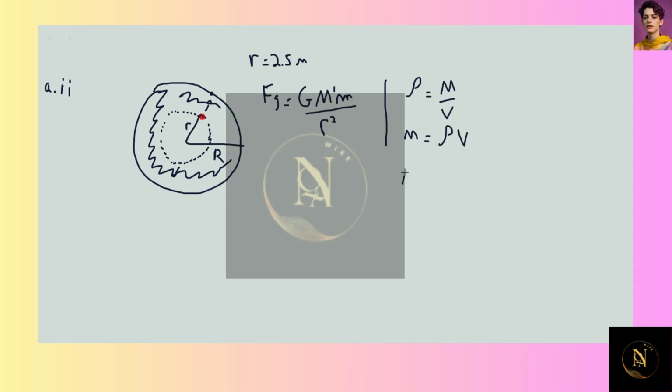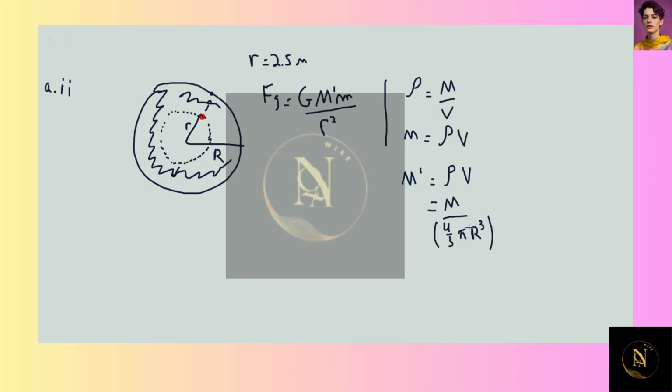And so we can say then that this M prime we want to find is the density of the sphere times the volume that it's occupying. And so the density of the sphere we know is just the total mass of the sphere, capital M, 1,000 kilograms, divided by the volume, which is 4/3 pi capital R cubed. So this entire distance of the sphere, 5 meters.